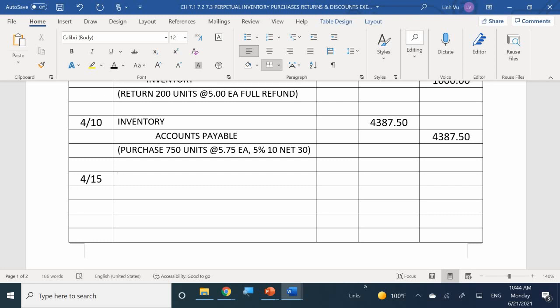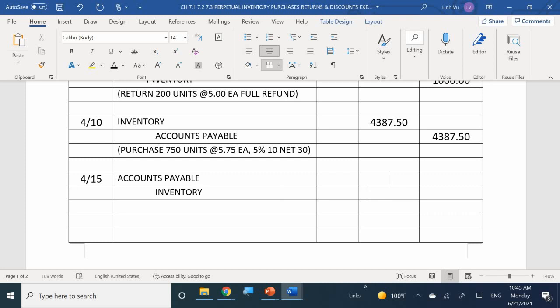How should I journalize this? Accounts payable for 285, debit, and inventory, 285.